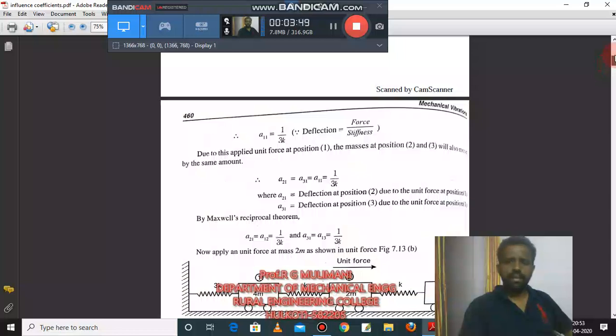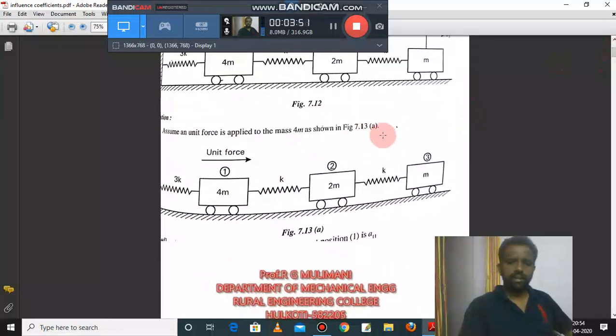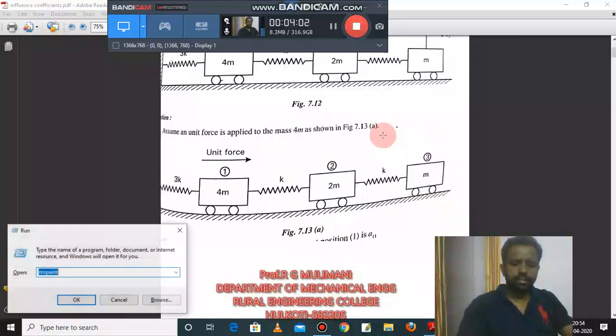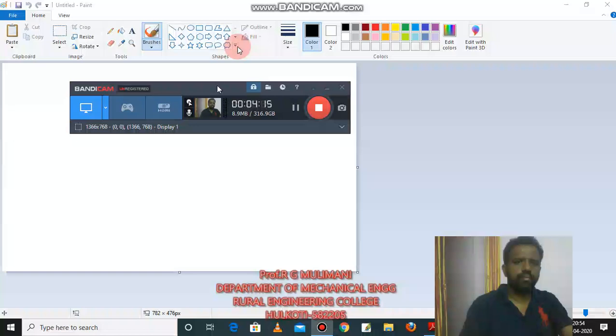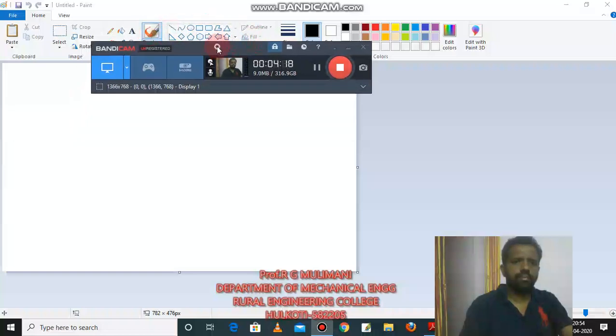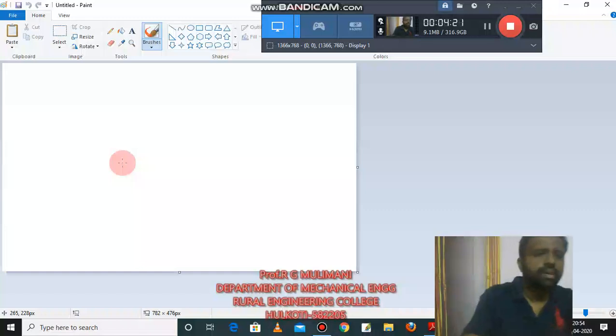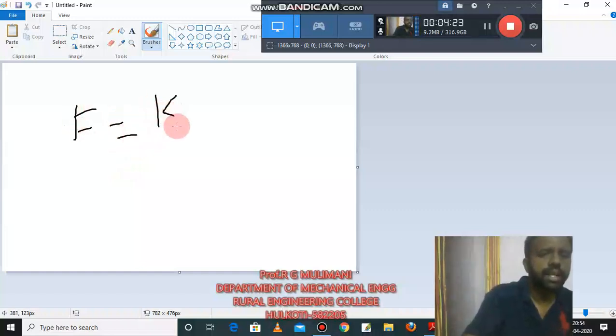Okay, how to find A11 now? Force is equal to K into X, where X is the displacement.